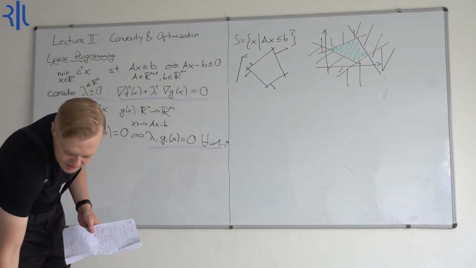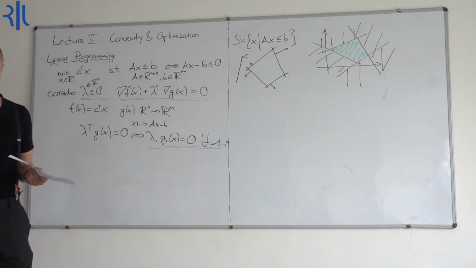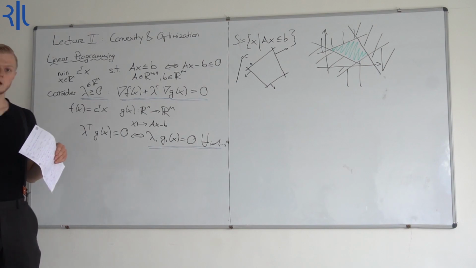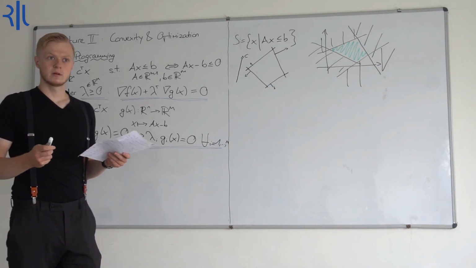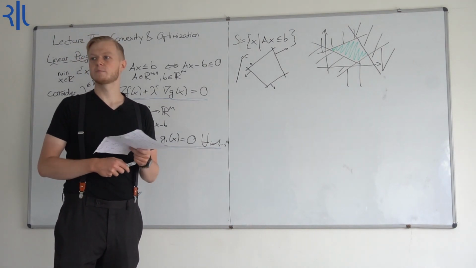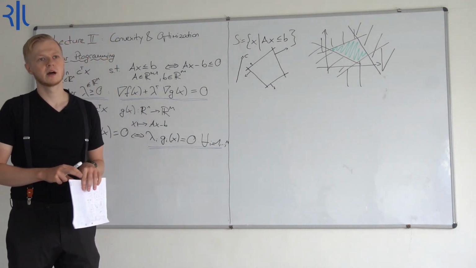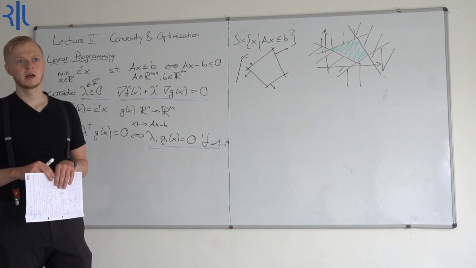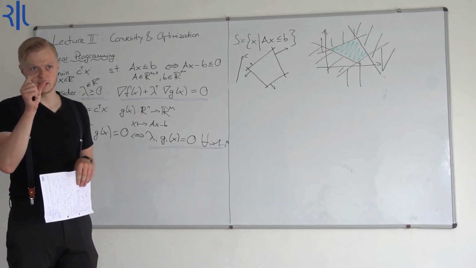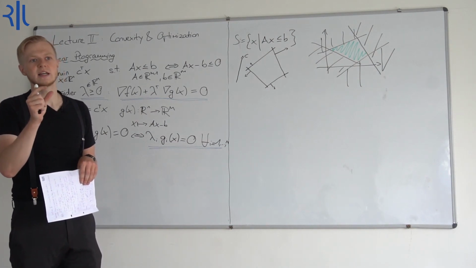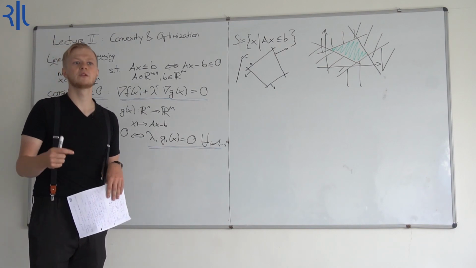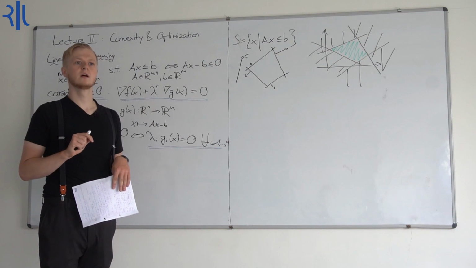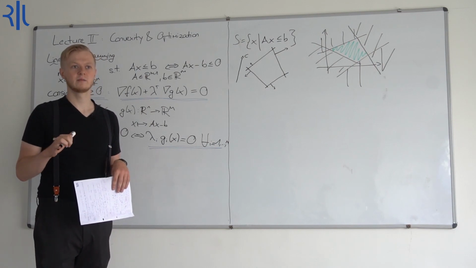Now, why is linear programming such a good and such a general example of constraint optimization? When you think about any differentiable function, differentiable means there is a neighborhood of any point where the function almost looks as if it was linear.